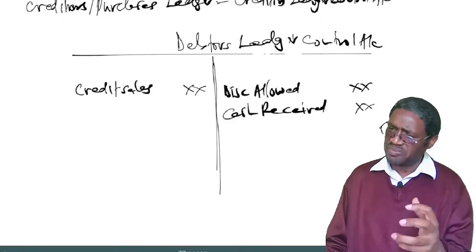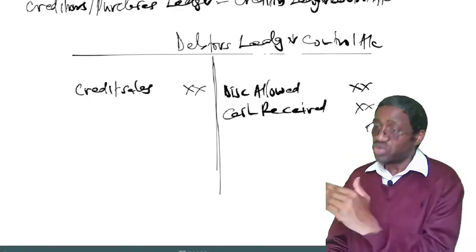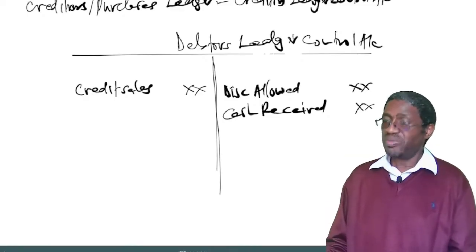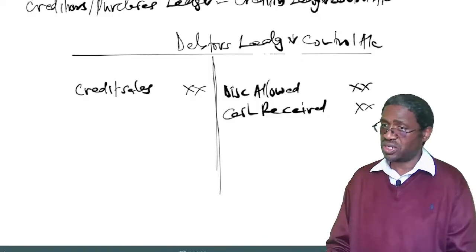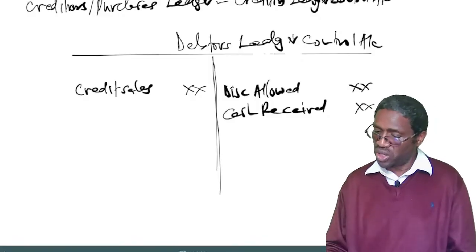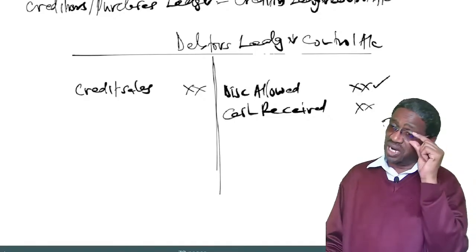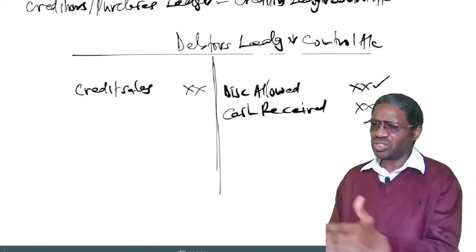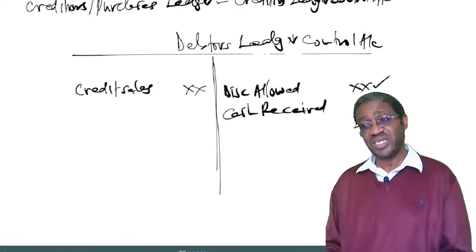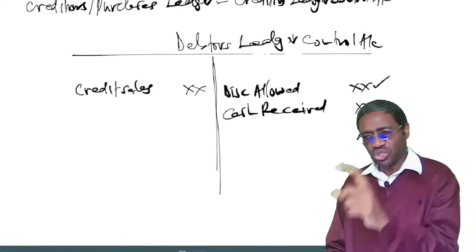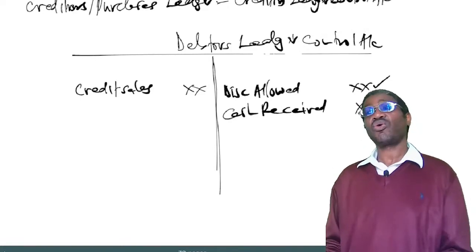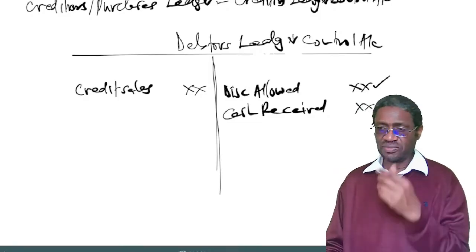So you debited bank with what you received and you credited debtors. But Kamau was allowed a discount, so with that discount, you credit the debtors account and you debit discount allowed. Because discount allowed is normally credited in the debtors account, that should also be credited in the control account.